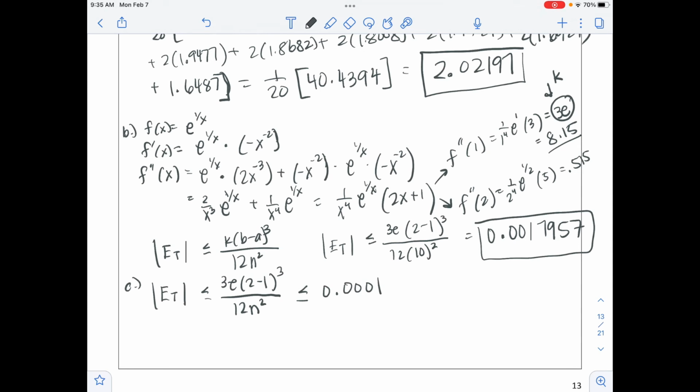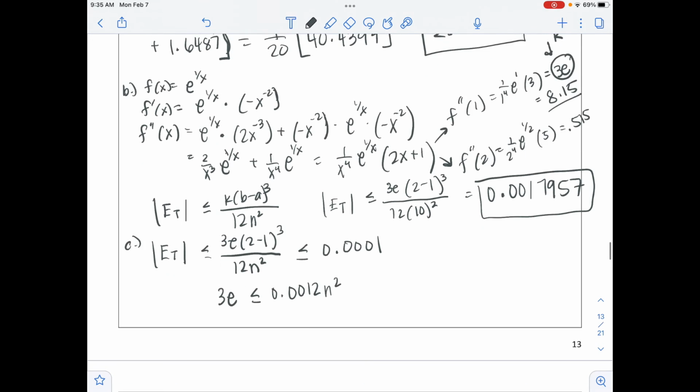And so to solve this, I'm going to multiply both sides by 12n squared. So we get 3e is less than or equal to 0.0012 n squared. Then dividing by the numerical value in front of the n squared, we get n squared is greater than or equal to 3e over 0.0012, or n is going to be greater than or equal to 82.44, or n, since it should be a whole number, greater than or equal to 83.